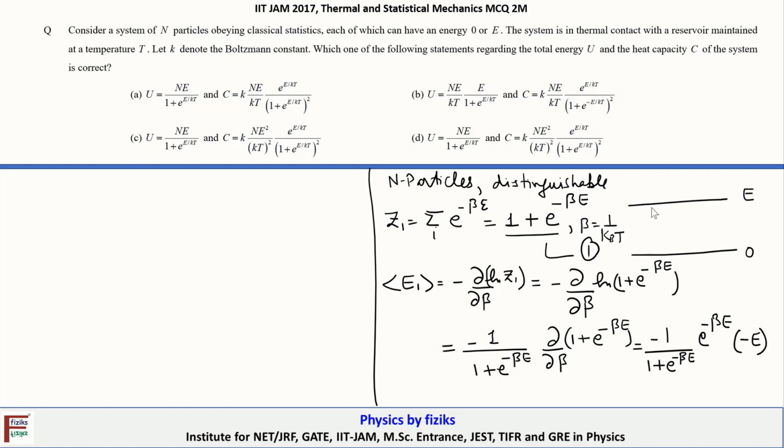So this is going to be our final result for the average energy per particle.